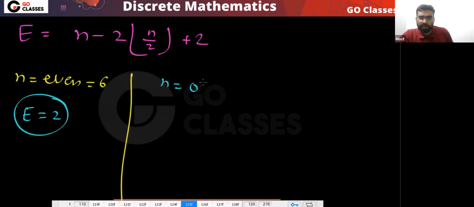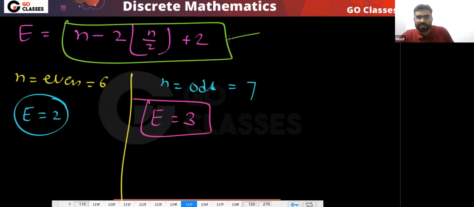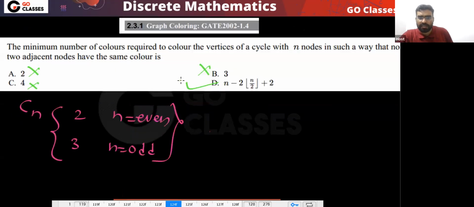And if n is odd, for example 7, then you will get 3. So this value becomes 2 when n is even, and this becomes 3 when n is odd. So this is your answer. Answer will be option D.